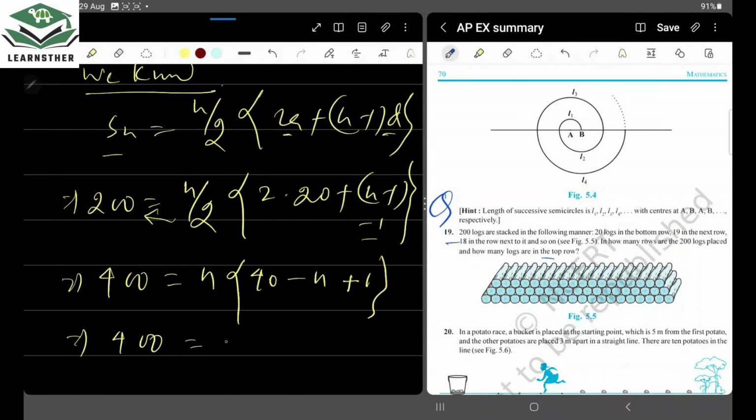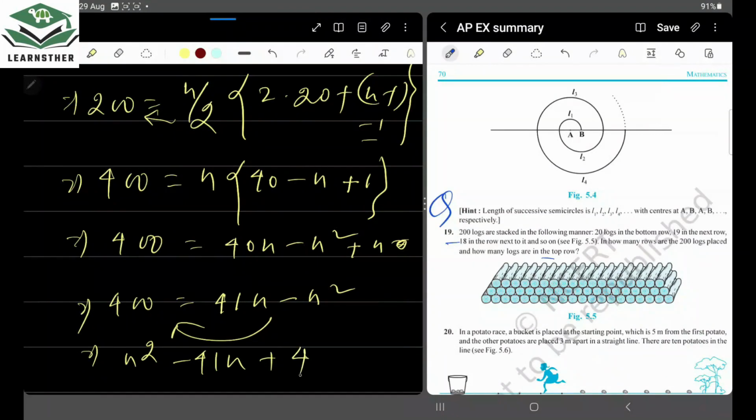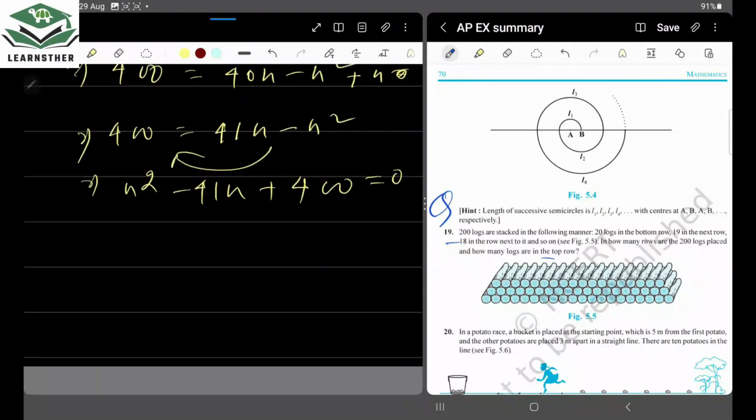So 400 equals 40n minus n square plus n, is equal to n. So this will become 40 plus n, 41n minus n square. So we bring this to the left side: n square minus 41n plus 400 is equal to 0.